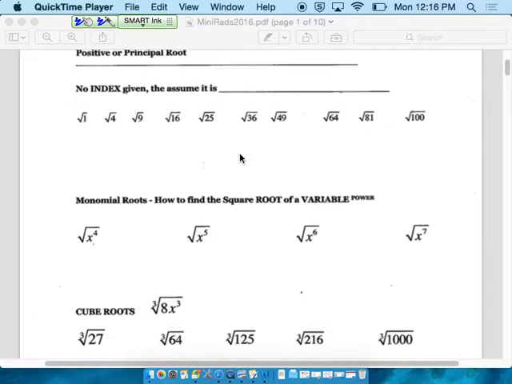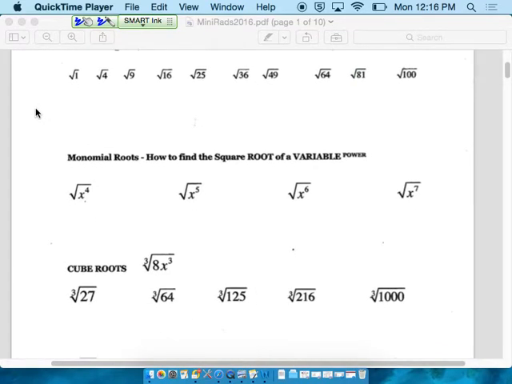If no index is written, then it's assumed. You can see here, there's no number written in the radical symbol. You assume that you're looking for the second root, or what's called the square root. So when no index is given, it's assumed that you're looking for the square root. And the index tells you the number of times that a factor should appear in order for it to be considered a root.